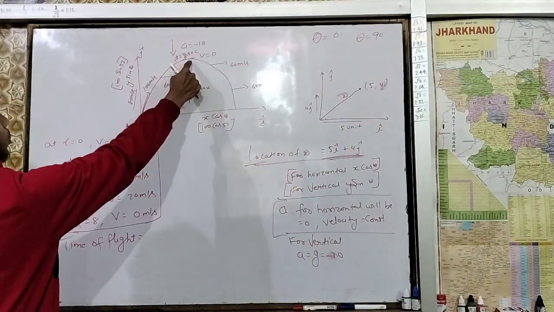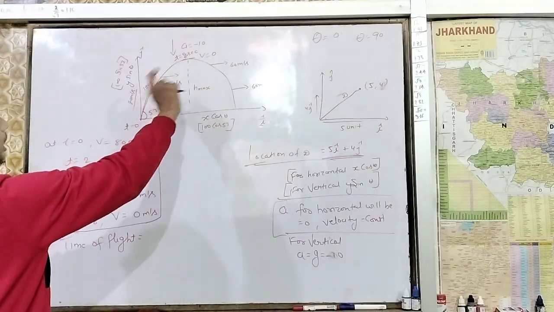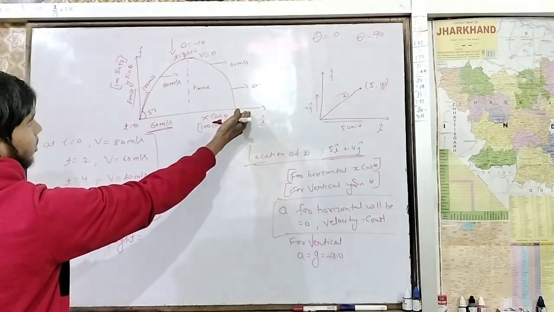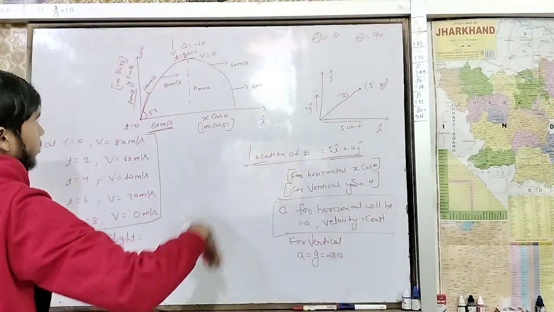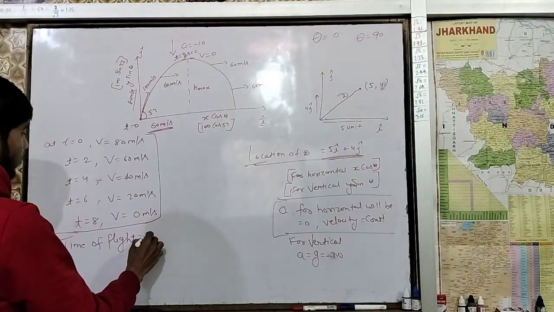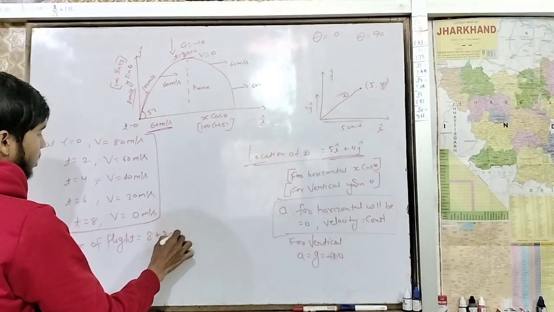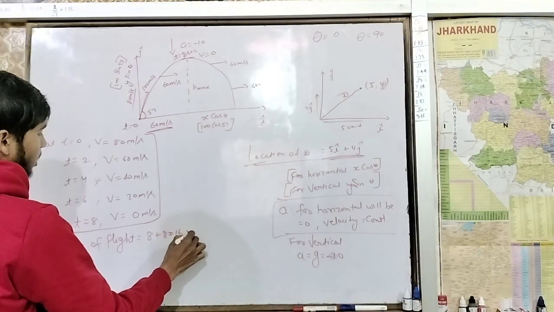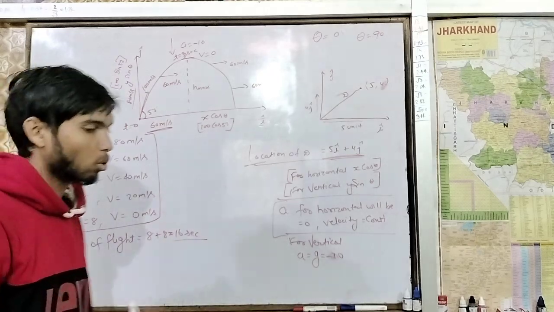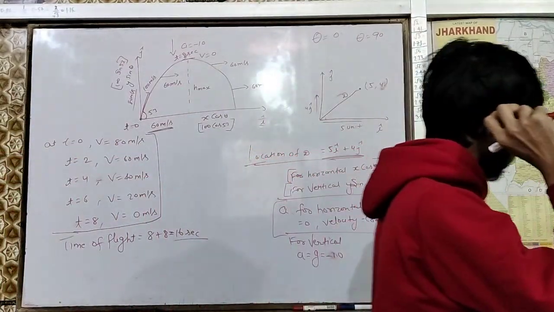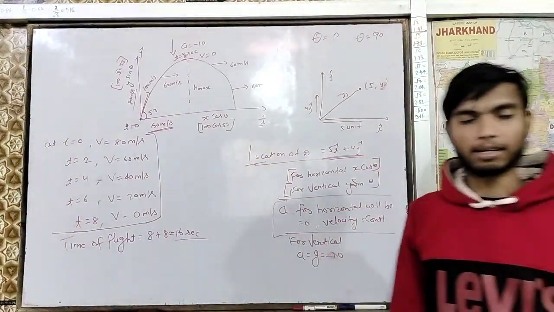From initial to half, it took 8 seconds. So again, this half will take the same 8 seconds. So finally, 8 plus 8, 16 seconds. So this stone took 16 seconds to stay in air.